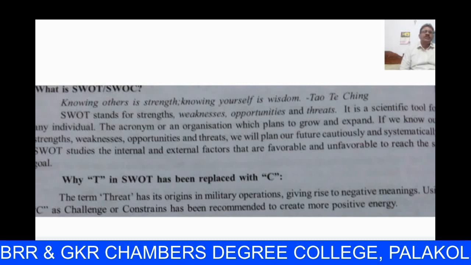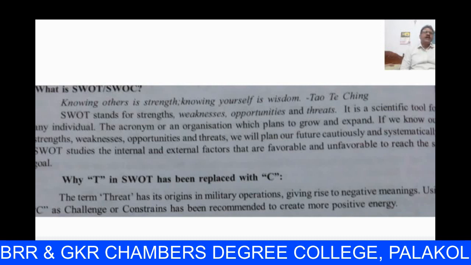If you know your strengths, weaknesses, opportunities, and threats, first of all, students, business people, those who run organizations or institutions, they know their strengths, weaknesses, opportunities, and threats.